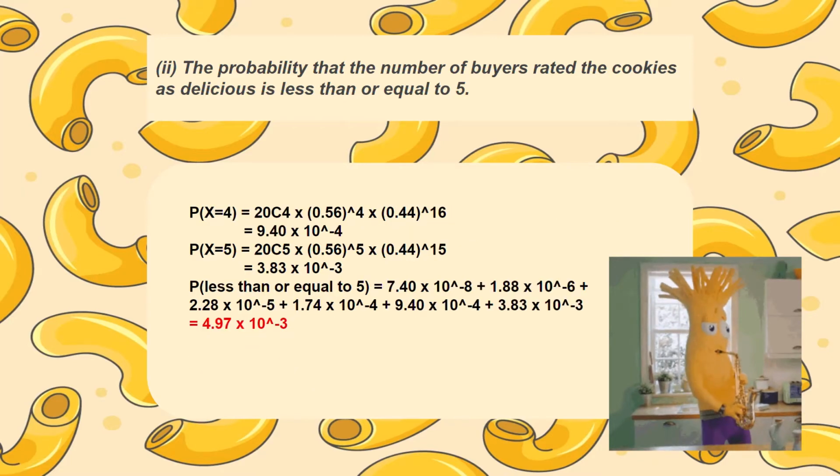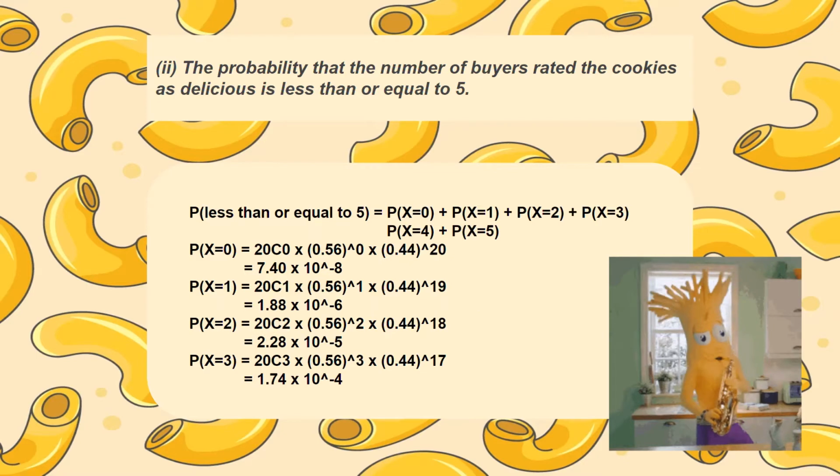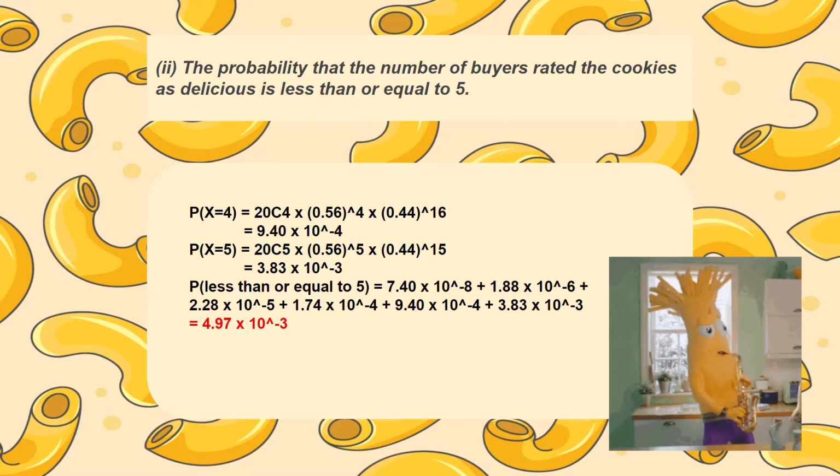It's simply done like this: P(X=0) equals 20 choose 0 times 0.56 to the power of 0 times 0.44 to the power of 20, and then we get 7.4 times 10 to the power of minus 8. And then we do exactly the same thing for the rest, until P(X=5).